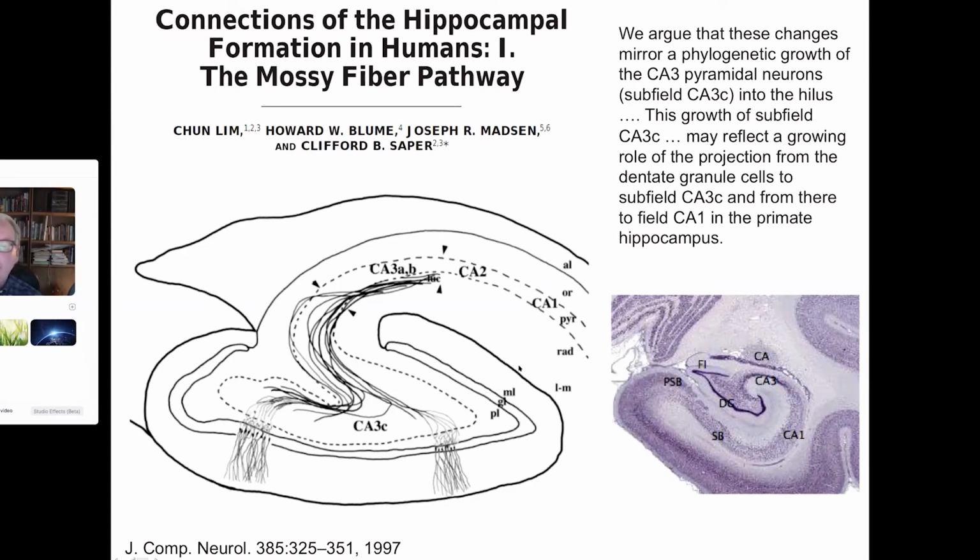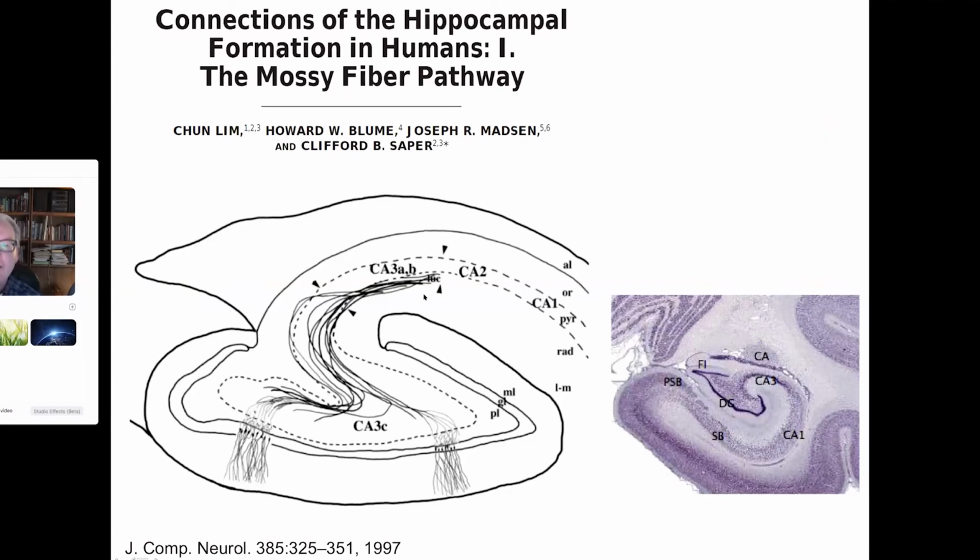So if the BOLD signal in the imaging is combined together, dentate and CA3C, well, that explains, I think, why the BOLD response is dominated by the pattern separation types of functions, because proximal CA3 appears to be working as a computational functional unit with the dentate gyrus for pattern separation. And this part of CA3, which is relatively smaller in the primate brain, is what's involved in pattern completion.